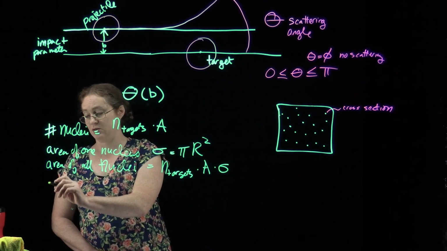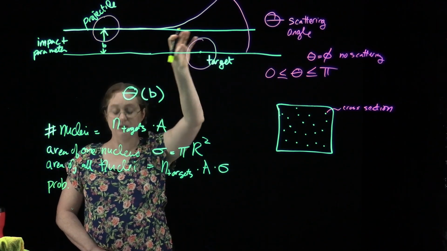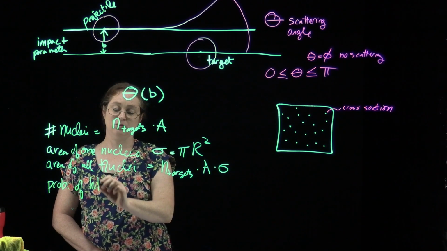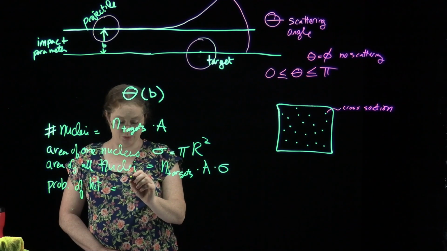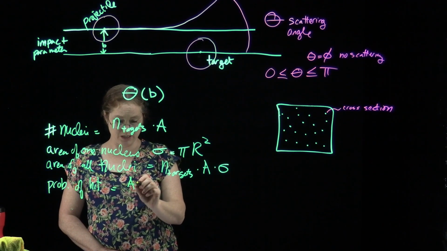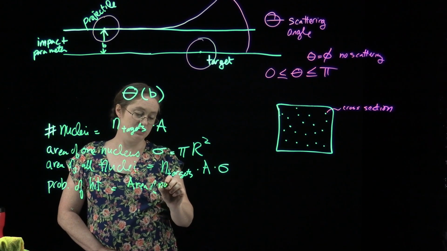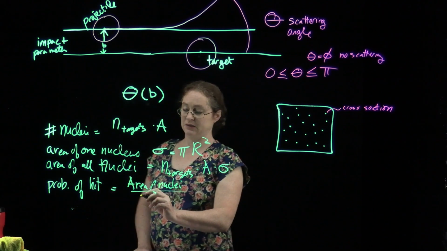So then the probability that our projectile is going to hit one of those nuclei is going to be the area of nuclei over the total area.